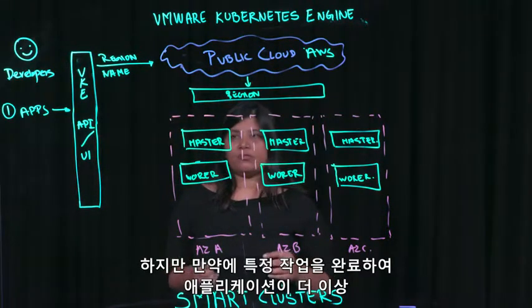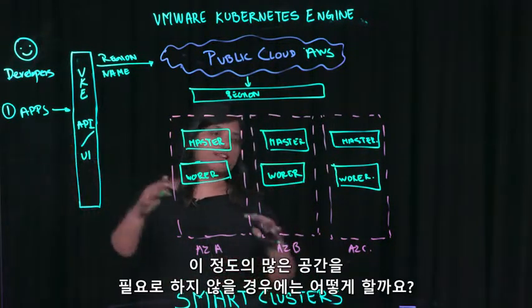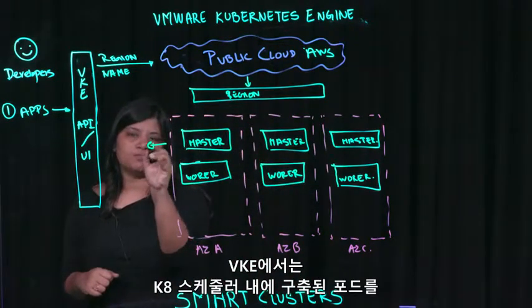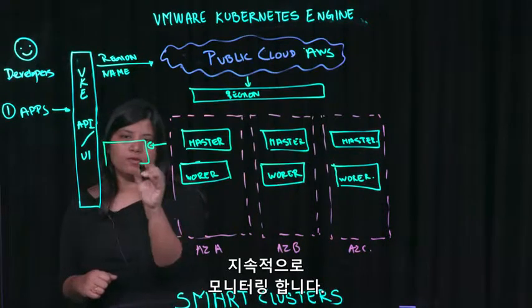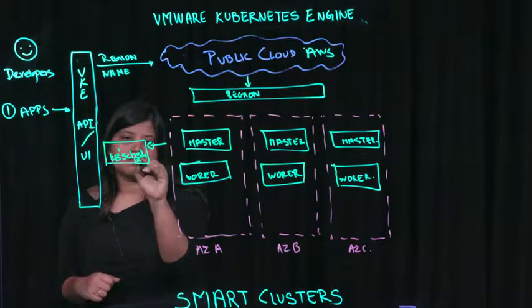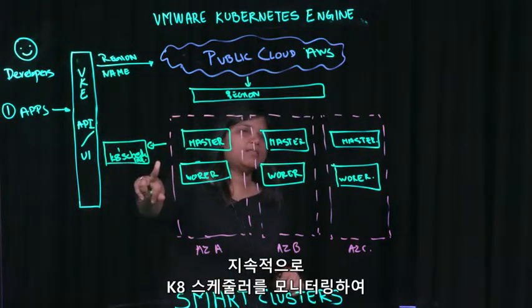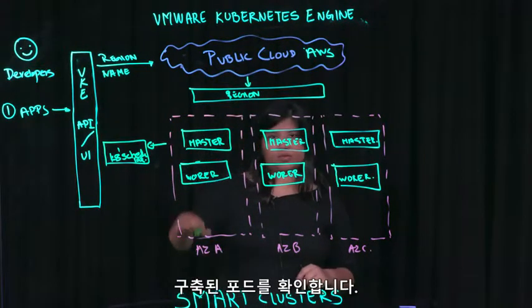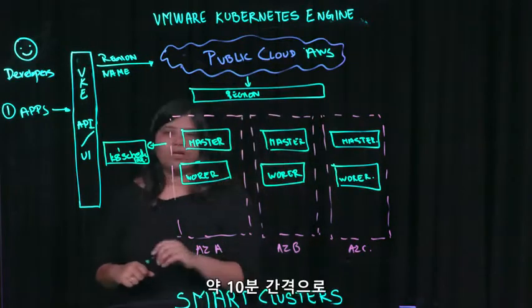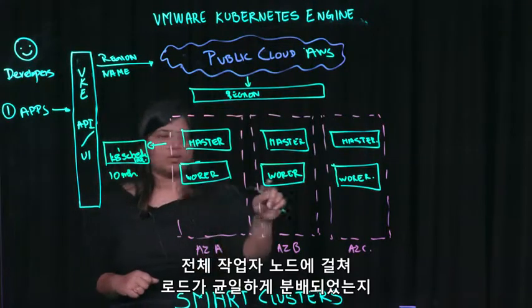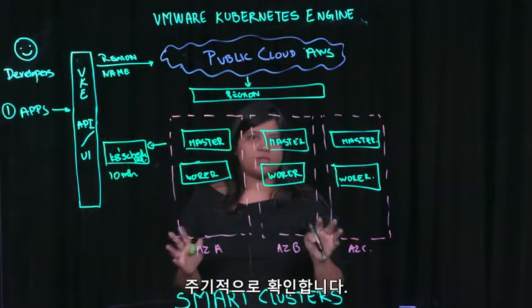But what happens when a specific task is done and the apps don't need as much space? VKE constantly monitors the pods that are deployed within the K8 scheduler, in each worker node. Every 10 minutes or so, it checks whether the load across all these worker nodes is equally distributed.